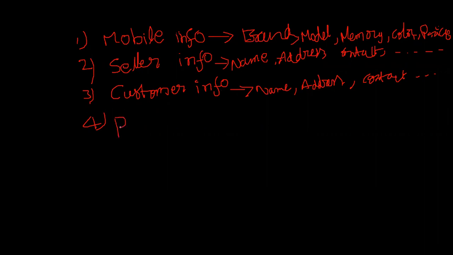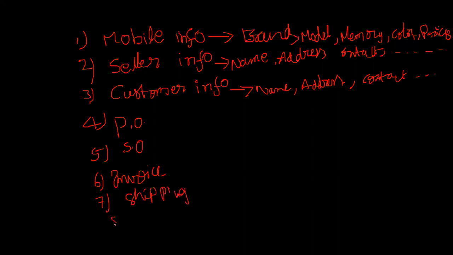Let's say one purchase order, sales order, invoice, the shipping, and the delivery. Okay. And if there is any return or exchange, then the relevant forms will also be generated. Now, just at a high level, we can think of this.